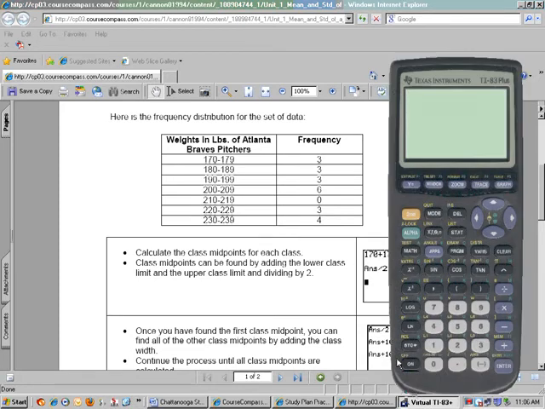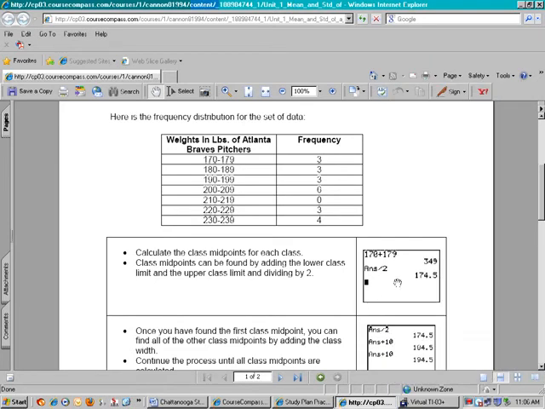And we'll take out our calculator, so we'll do 179 plus 170, and we can push enter, divide by 2. And so we have a class midpoint of 174.5, and you can see this in the handout, 174.5.